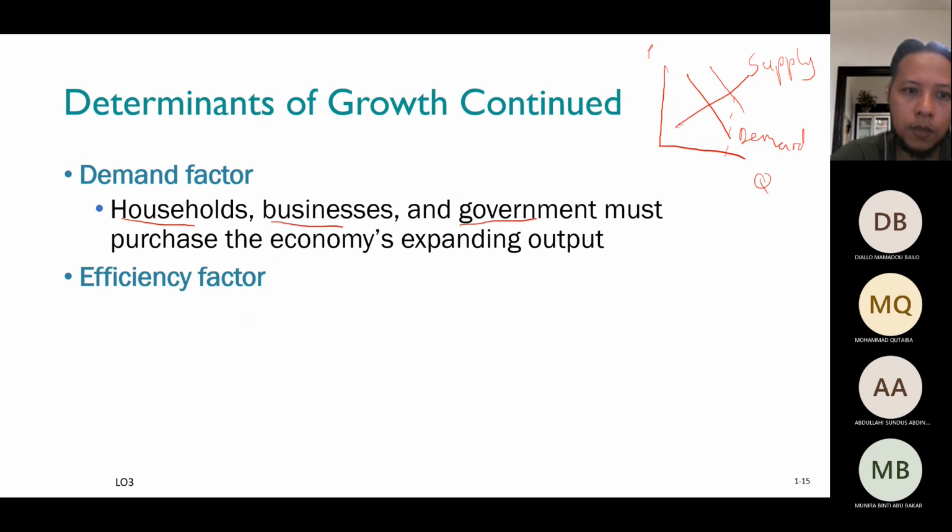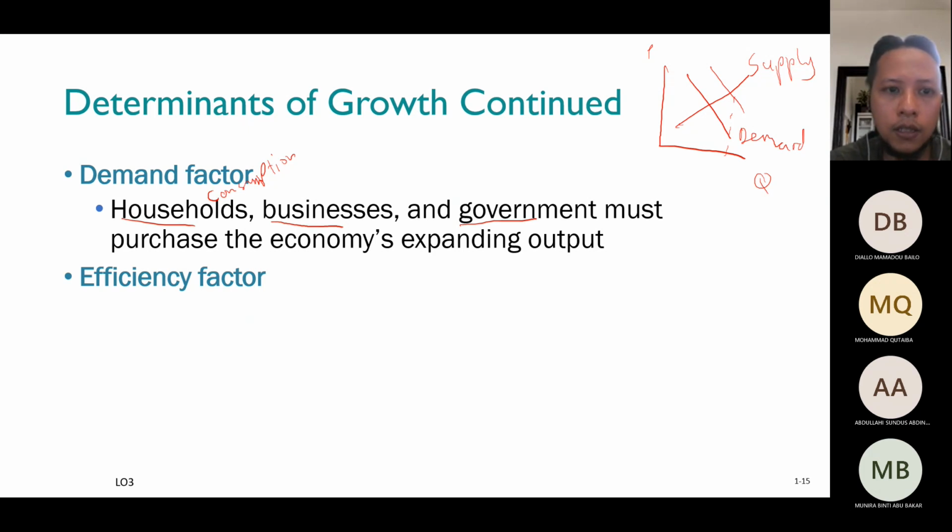Households usually relate to the C part, consumption. How much do we consume? If the people in the country spend more, then it can influence the level of consumption in that country, so it's better to have more consumption.